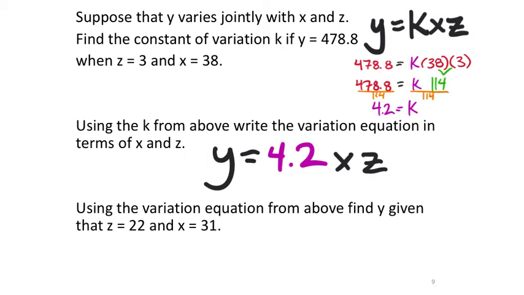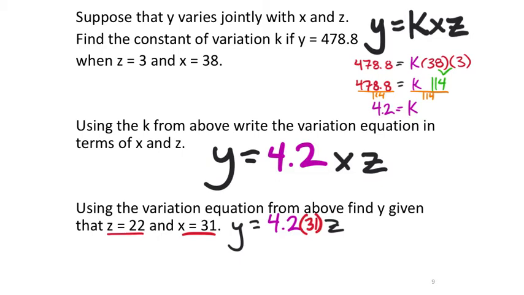Let's go and take the equation. So I'll rewrite it here at the bottom. And now it tells us right here the x is 31, so I replace the x with 31. And this skill of just replacing letters with numbers is actually pretty crucial. We're going to see this quite a lot, I think, in the next section here. And then the z value is 22 right there.